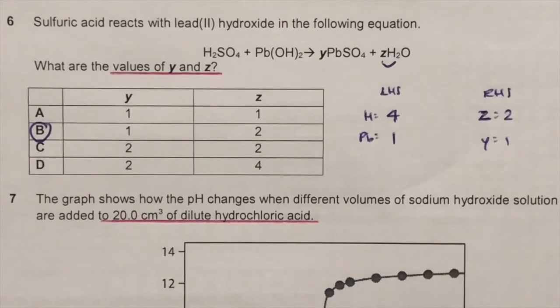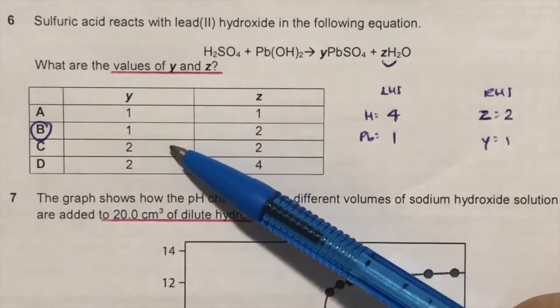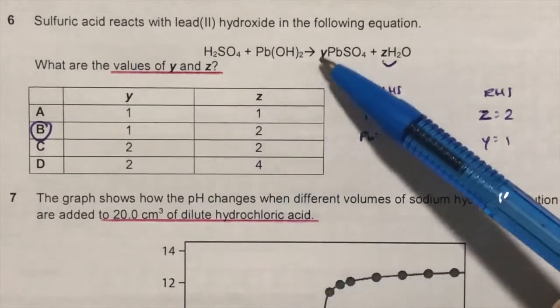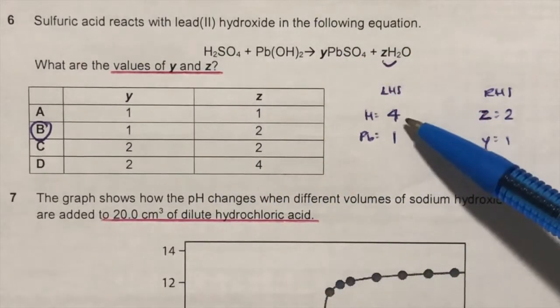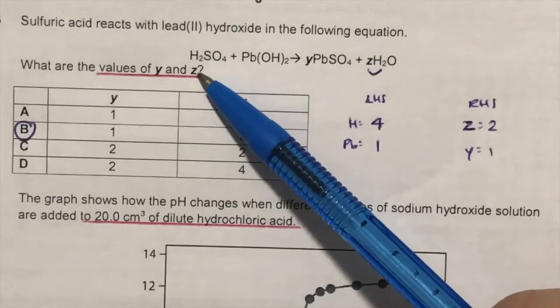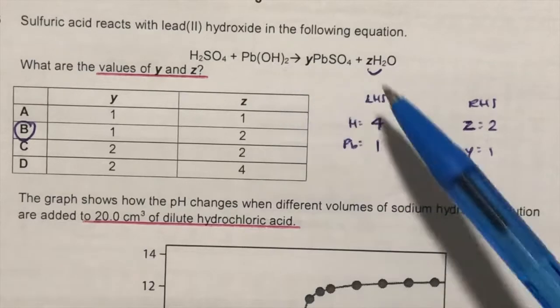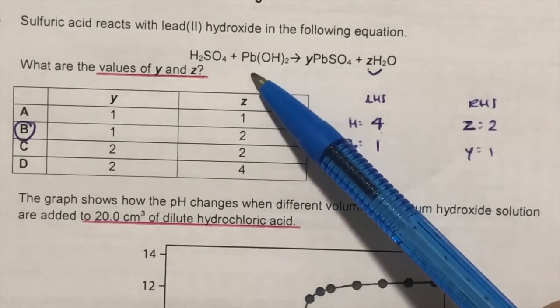For question 6, the answer is option B, because if you put the values of 1 and 2 into the equation and we count the left hand side. So on the left hand side of hydrogen, there is 2 over here and another 2 over here. So 2 plus 2 gives me 4 hydrogen on the left. And for my lead, there is only 1 on my left.